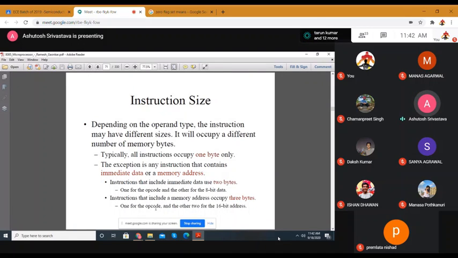The first one is generally for your opcode, while the other two are for your 16-bit address. Otherwise, most of the instructions only occupy 1 byte. Why are we talking about this instruction size? Because 8085 is an 8-bit microprocessor.